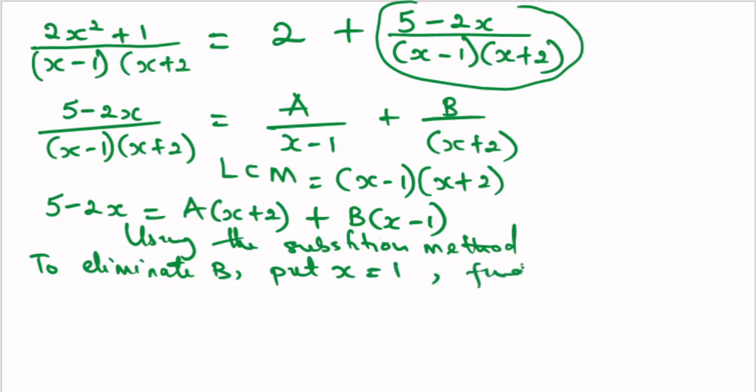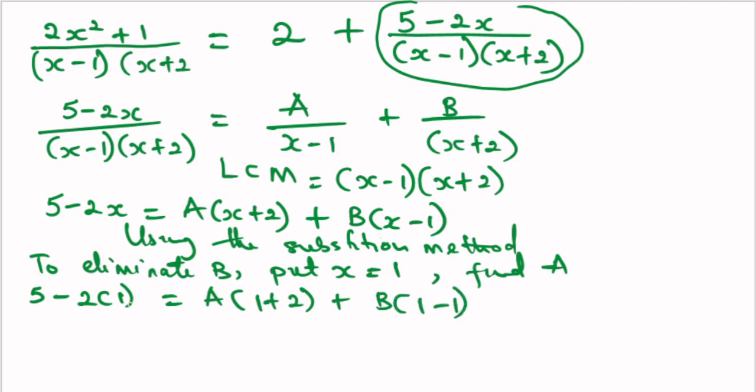That way, I'll be finding A. So it becomes 5 minus 2 bracket 1 equal to A bracket 1 plus 2 plus B bracket 1 minus 1. 5 minus 2 times 1, we have 3 equal to A bracket 1 plus 2, we have 3, plus B bracket 1 minus 1 is 0.